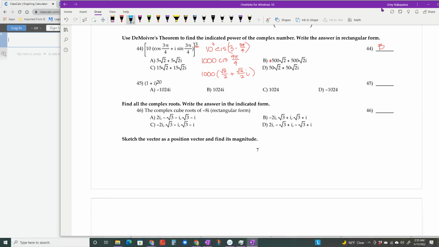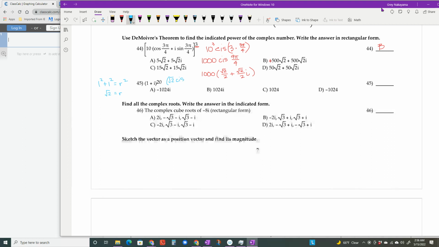Okay, using de Moivre's theorem means I'm going to put that in polar form like it says in the one before. So I need my r. 1 squared plus 1 squared equals r squared. So r is the square root of 2. So in polar form, this is the square root of 2 cis.